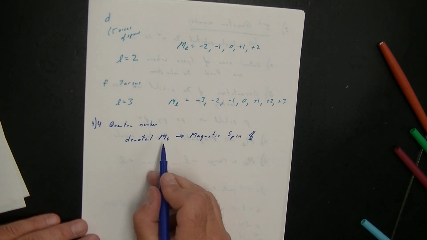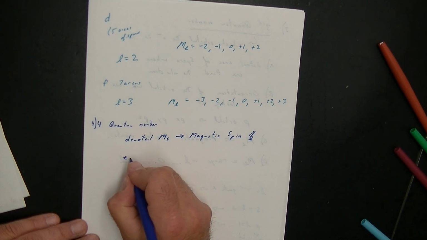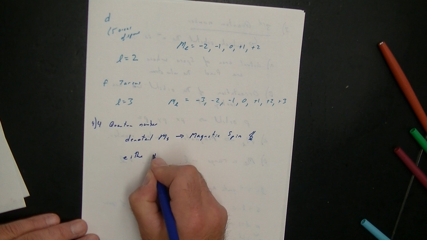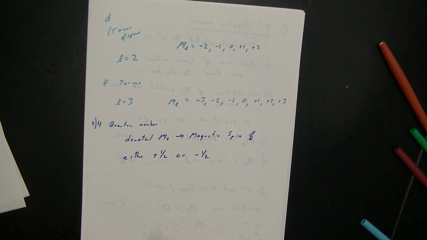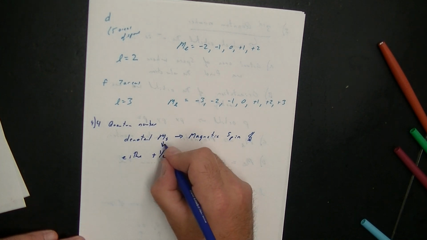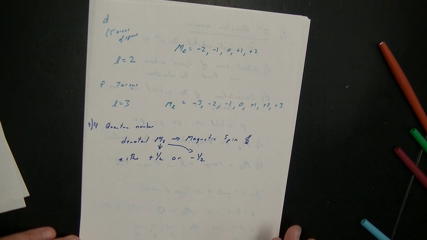All right, so ms can be only 2 things. It's either +1/2 or -1/2. Those are your 2 options for ms. So our magnetic spin is either +1/2 or -1/2.